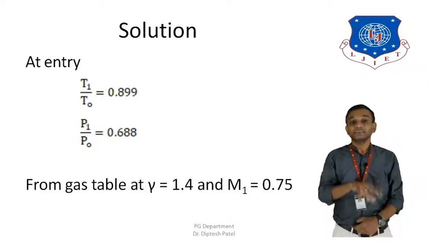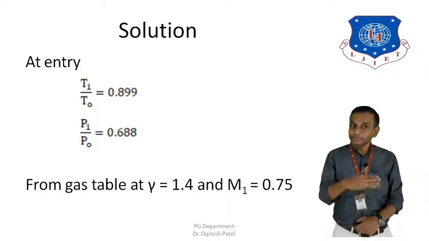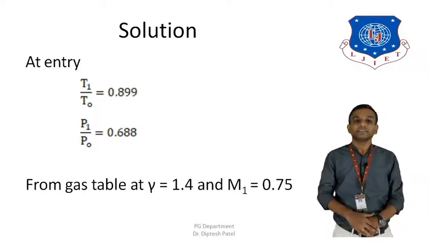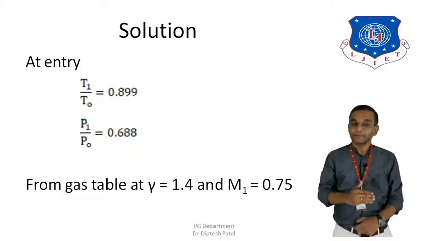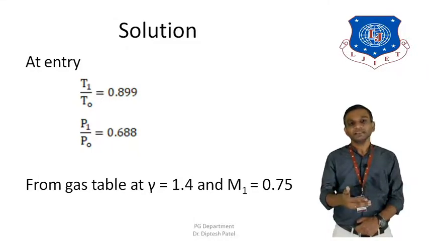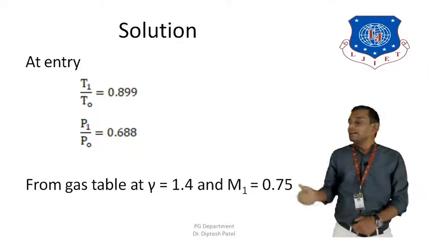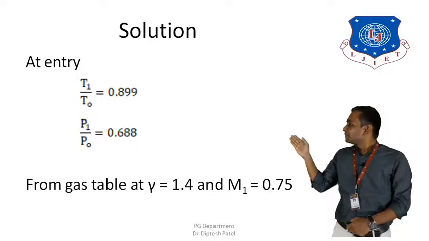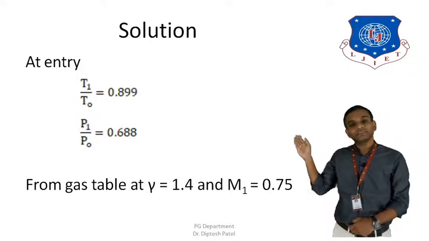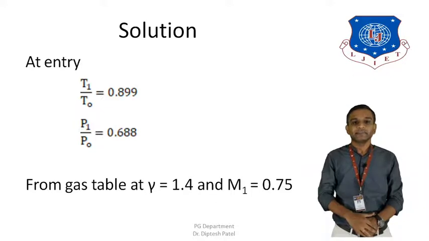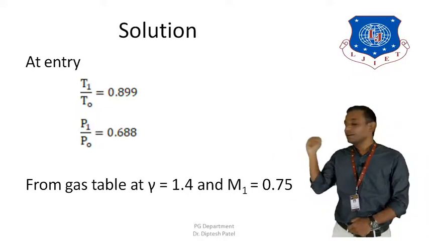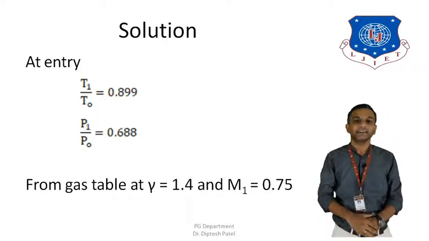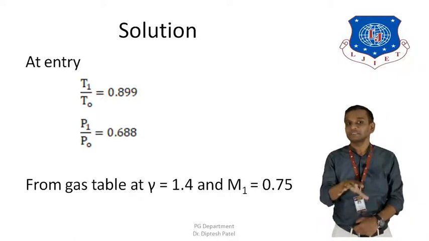These two references can be used to find the ratio for both temperature and pressure. So from the gas table, I got the ratio T1 to T0 equal to 0.899, and the ratio of pressure P1 to P0 equal to 0.688. Now I'm going to use these ratios to calculate both T0 and P0.